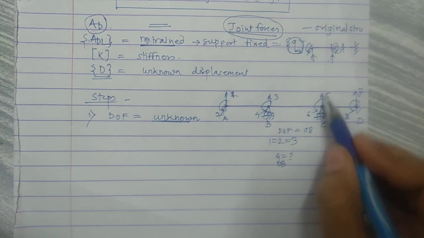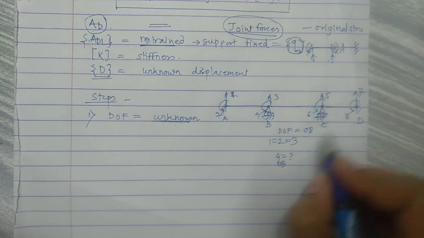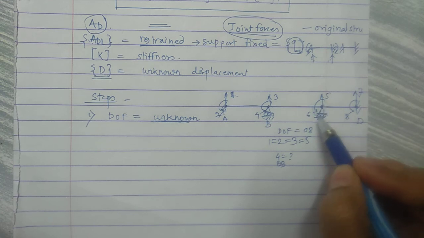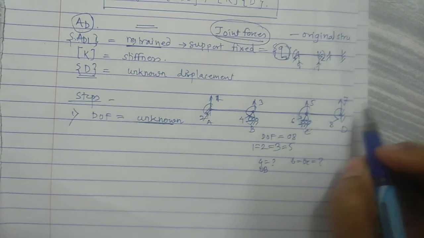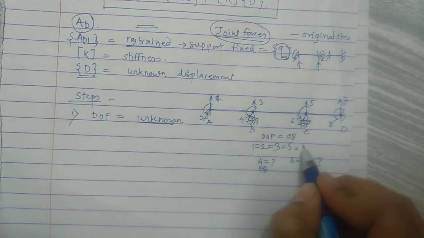Then number 5 at support C, a roller support, is vertical, so that is also 0. Number 6 at the roller support can rotate, so theta C is unknown. At support D, numbers 7 and 8 are at a fixed support, so both are 0.